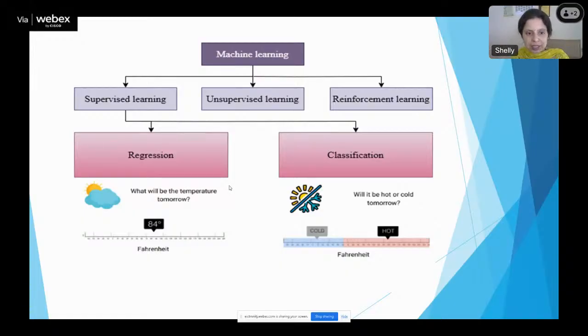Now, what's a regression? Regression is basically a predictive kind of technique. Based on the previous data set trends, it says what is likely to happen, what is likely to be predicted. So what will be the temperature tomorrow?